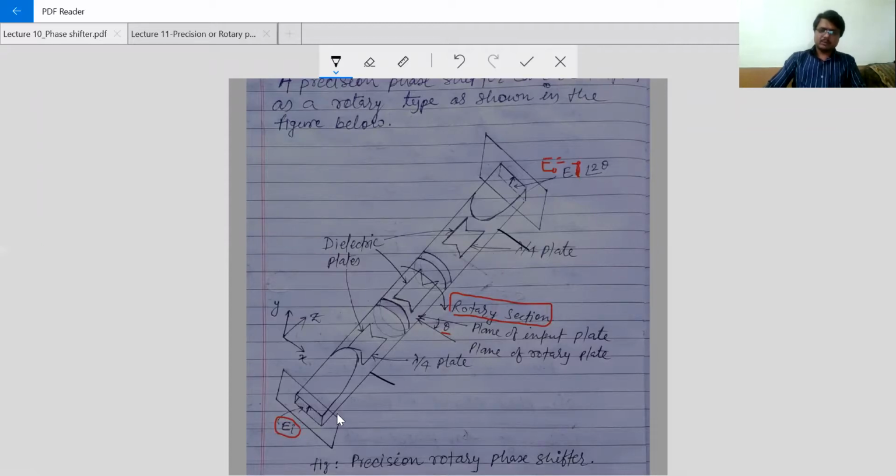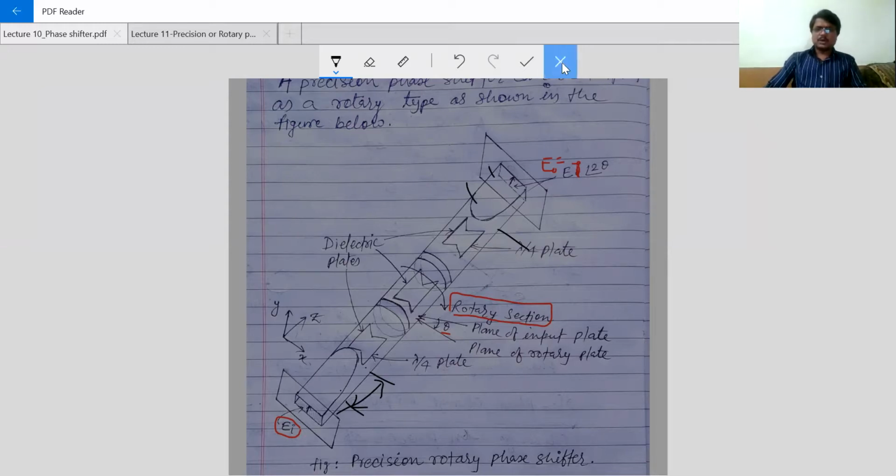From here to here it is a transition from rectangular waveguide to circular waveguide, and from here to here it is also a transition from circular waveguide to rectangular waveguide.